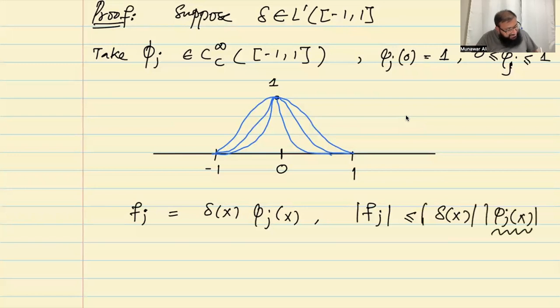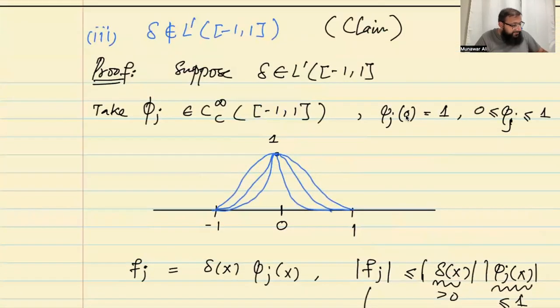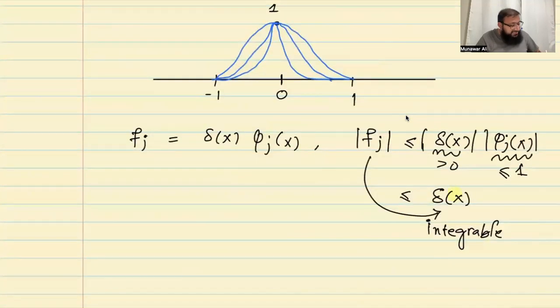But you know very well that phi j is always less than or equal to 1, and delta is positive. So this is less than or equal to delta of x. So the f j's are bounded by a function which is integrable. And why is delta integrable? Because we have claimed so far that delta is in L1. It means delta is integrable. This is our claim, but this claim will lead us to some sort of contradiction.